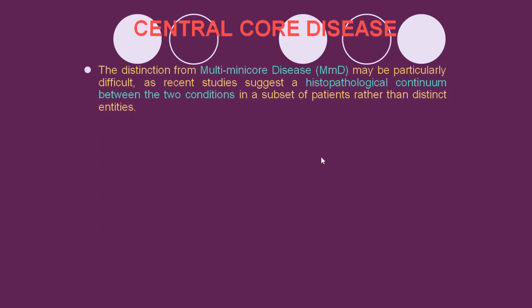The distinction from multi-mini core disease may be particularly difficult, as recent studies suggest a histopathological continuum between the two conditions in a subset of patients rather than distinct entities.